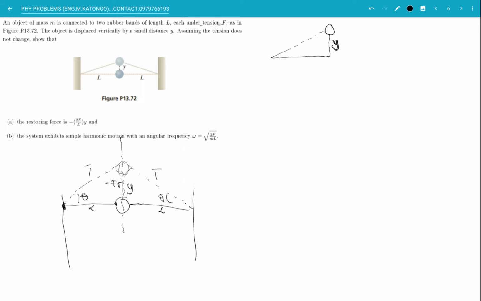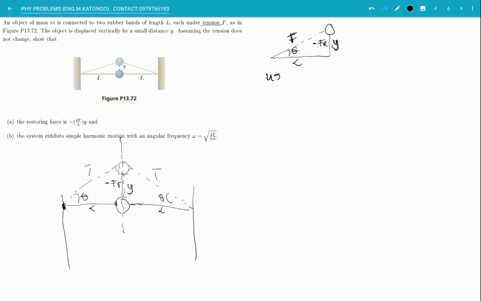We'll have the length being L, and due to it being vertically displaced, we'll have a tension over there, the tension being F, of course, and finally the restoring force acting in opposition to the vertical displacement as F R, bearing a negative, of course.